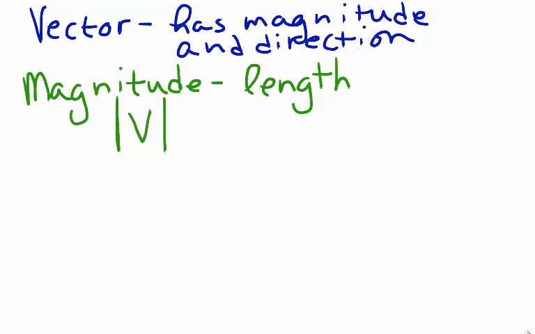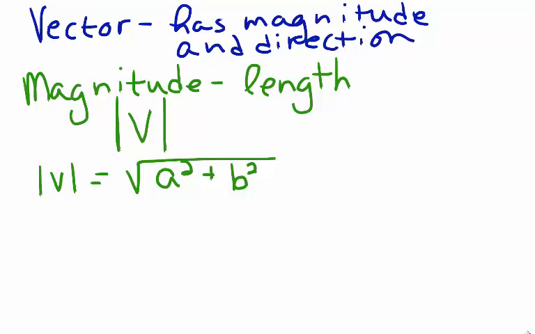We can find the length of the vector using the formula absolute value of V equals the square root of a squared plus b squared, when given a standard vector, V equals a, b.